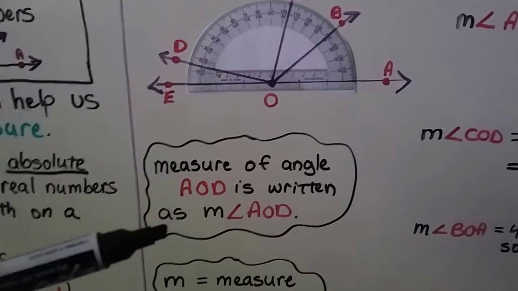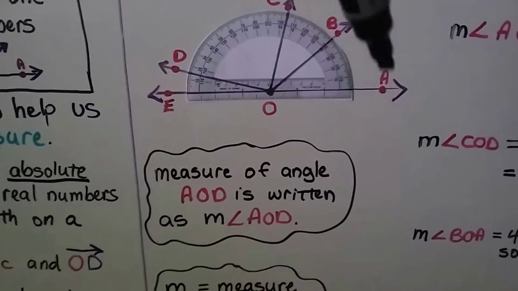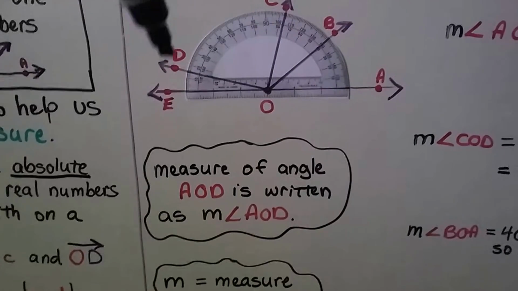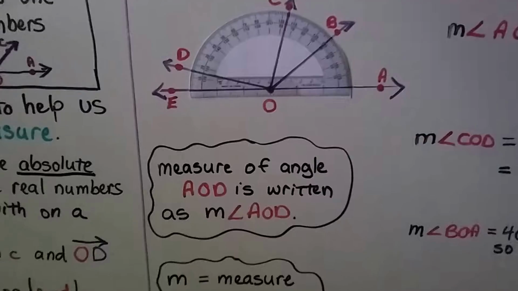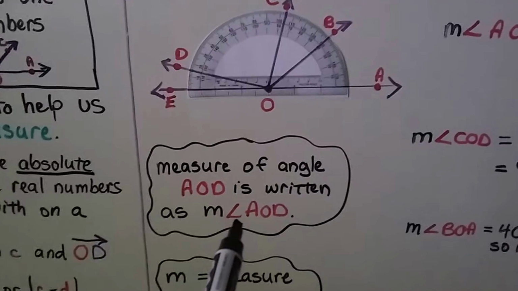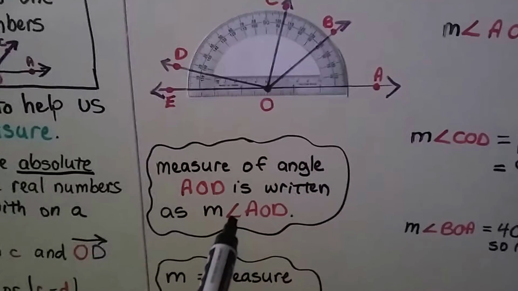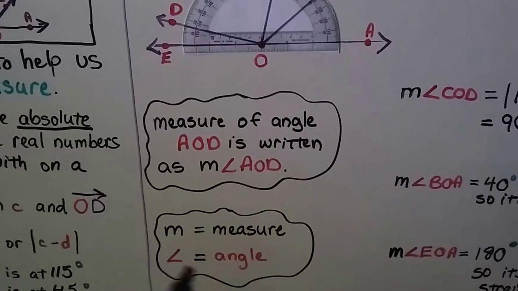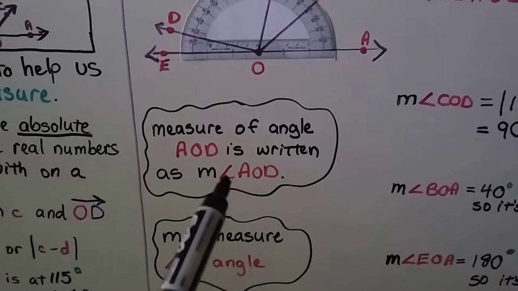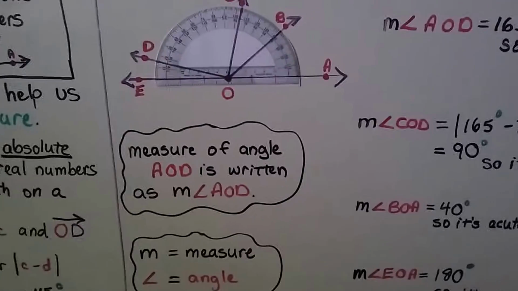And the measure of angle AOD, here we have AOD, so that's this really big open angle here if we ignore these two guys in the middle. We would write it with an M, and then that angle notation, and then the AOD. So the M means measure, and this little symbol means angle. We have measure of angle AOD. Okay?